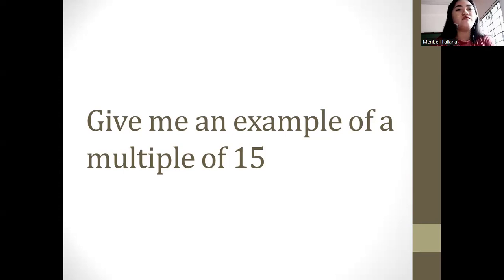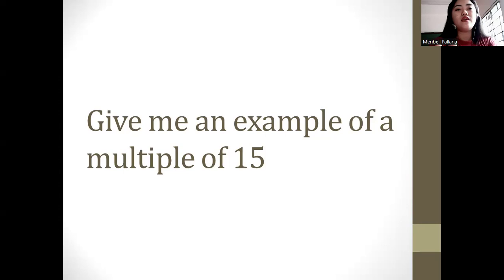In finding the factors and the multiples, we use the listing method. You list all the factors and multiples of 15. Just like in finding the GCF and the LCM, we have two methods: listing and prime factorization. Prime factorization, I know that you know that because we studied it yesterday.